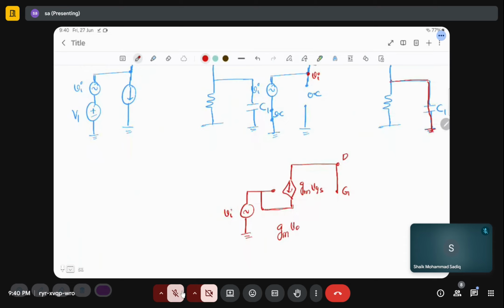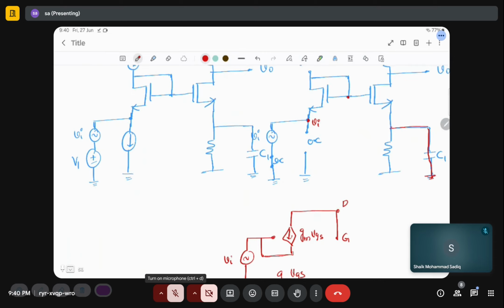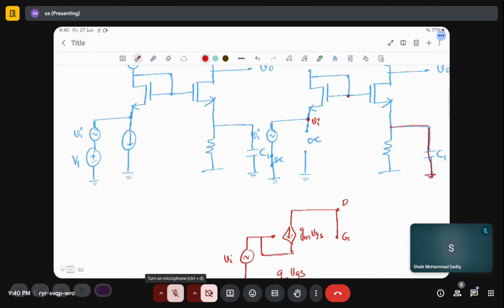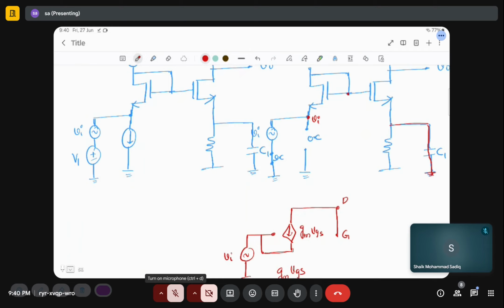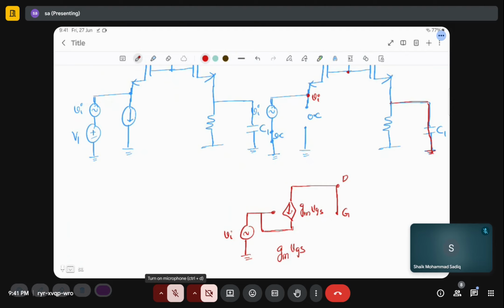Same 1 volt. How much is gm VGS? Is there any way for the current to flow?